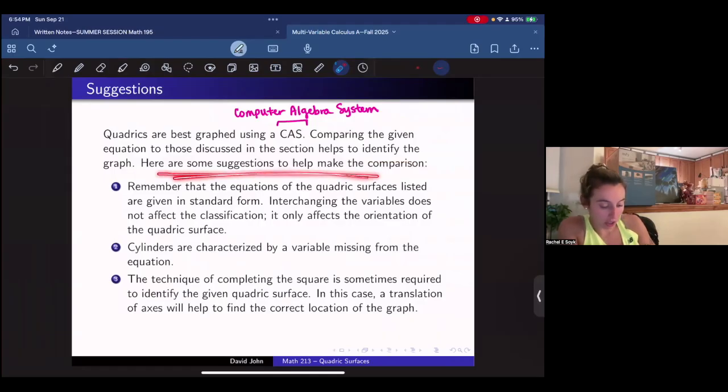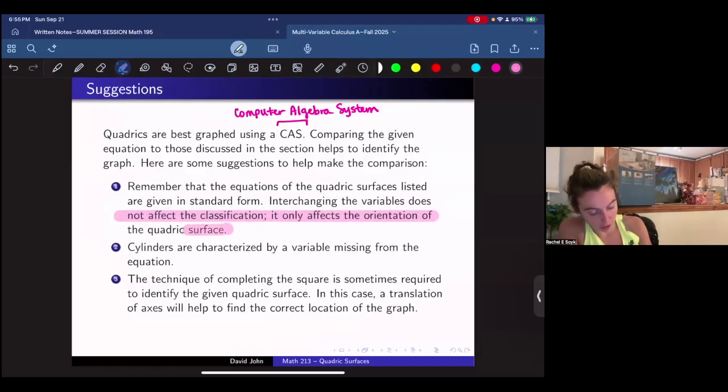So here are some suggestions to help make the comparison. You want to remember that equations of quadric surfaces listed are given in standard form. Interchanging the variables does not affect the classification, and it only affects the orientation of the quadric surface.